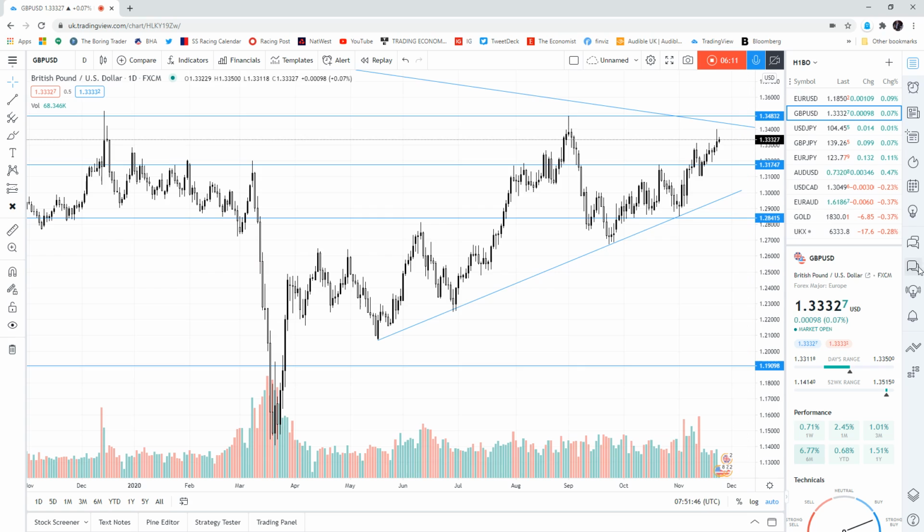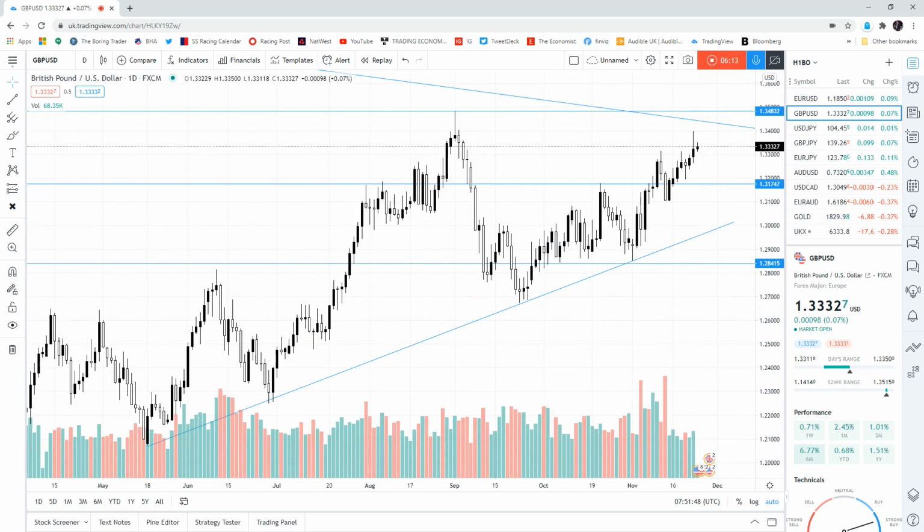So let's look at the daily, see if we can see anything at the moment. 1.3175 seems to be an important area. It acted as resistance a few times in July and also support in August. And then once we broke below it, it's acted as resistance a few times before.